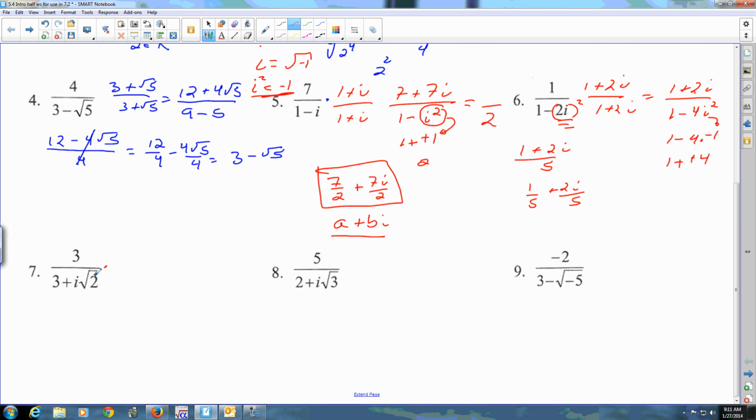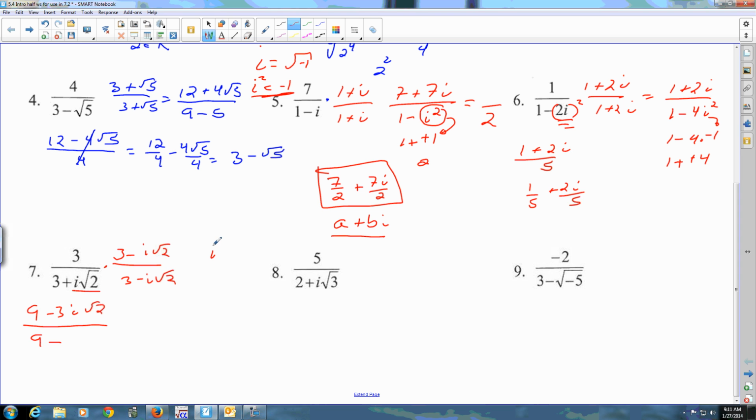Multiply by the conjugate. If this one's got a square root and an i, it doesn't change how you set up the conjugate. i squared is 2. 3 minus i squared is 2. Multiply the top, and you get 9 minus 3i squared is 2 over, square the first thing, 9 minus, square this.